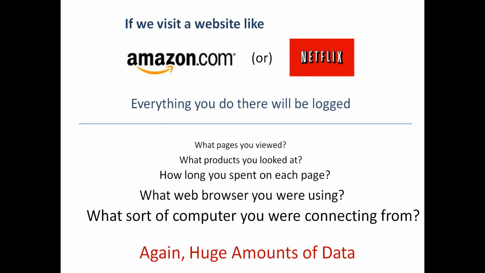So this is one use case, the basic use case in the telecom industry. And e-commerce is one area where big data is being applied a lot. Whenever you visit a website like Amazon, eBay, or Netflix, right? Earlier, in these e-commerce industries, if you had huge money, you could invest and build an e-commerce portal, set up your products, and wait for the customers. But today, it doesn't work that way. You have to target your customers. So whatever you do there will be logged, like what pages you viewed, what products you looked at, how long you spent on each page, what web browser you're using, and also what sort of computer you're connected to.